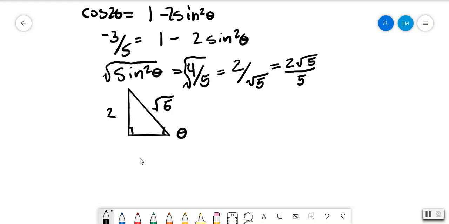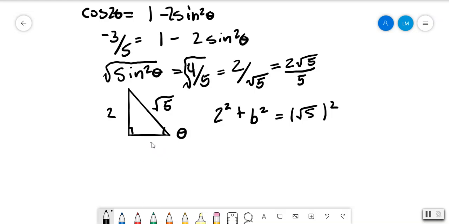And then using the Pythagorean theorem, you're going to find, let's see, 2 squared plus b squared equals the square root of 5, but that's squared. So this should give me 1.